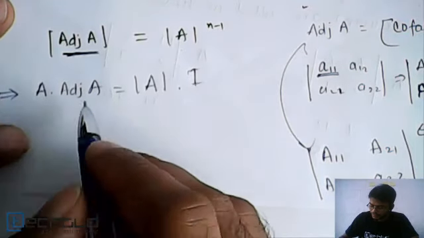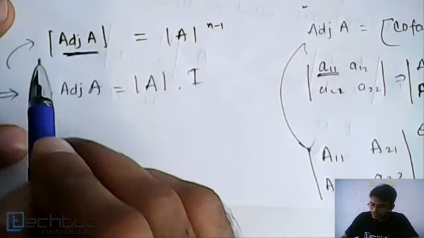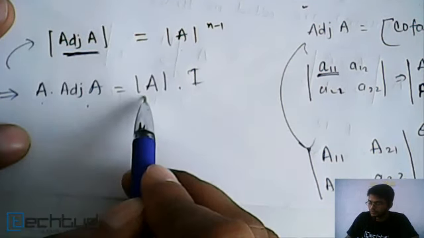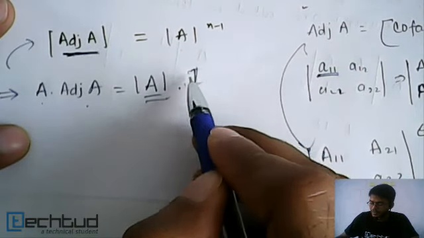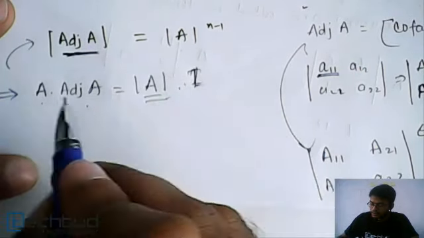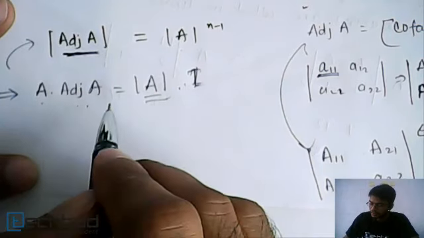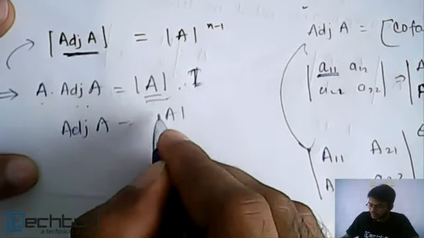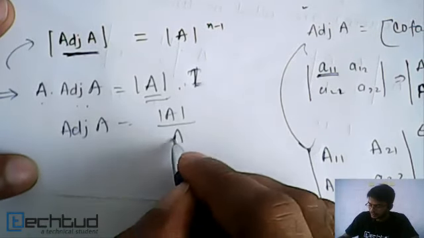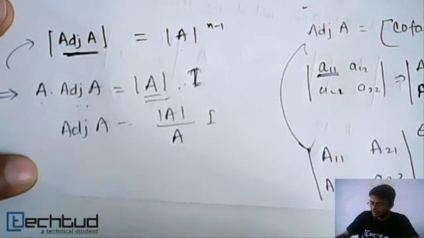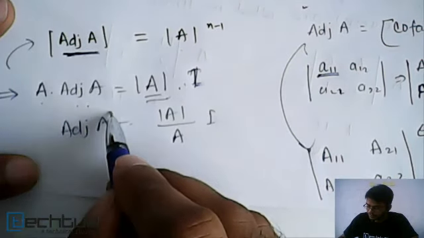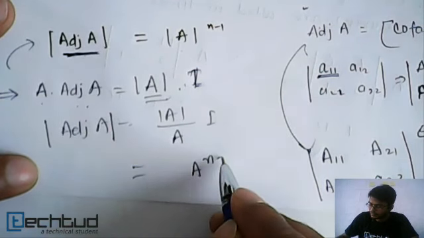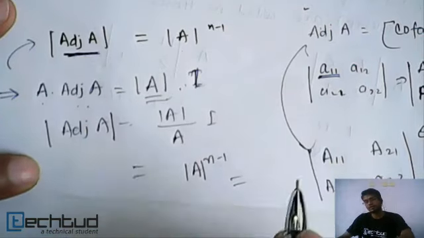As we know, A into adjoint A is equal to determinant A into the identity matrix I. If we now find the determinant on both sides, it will be determinant A to the power n minus 1.